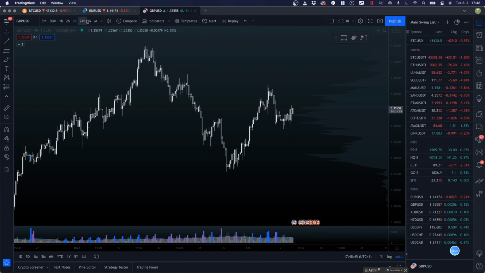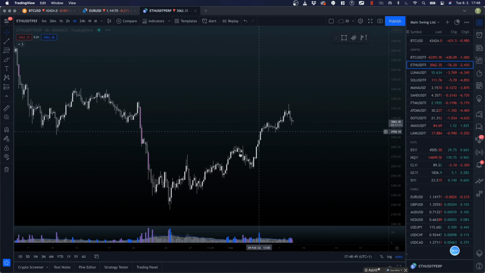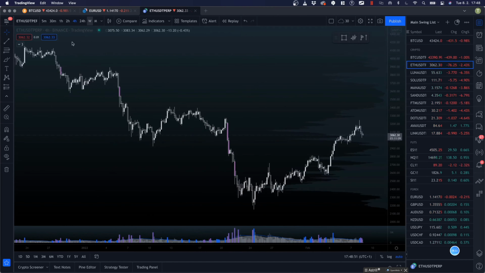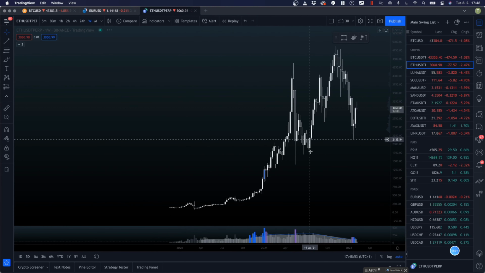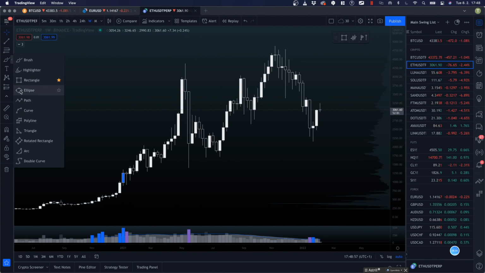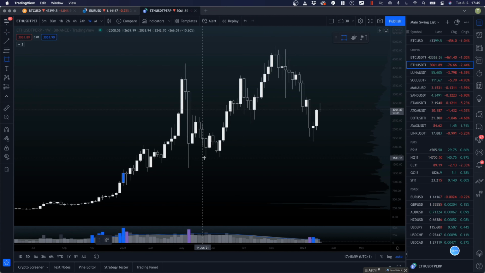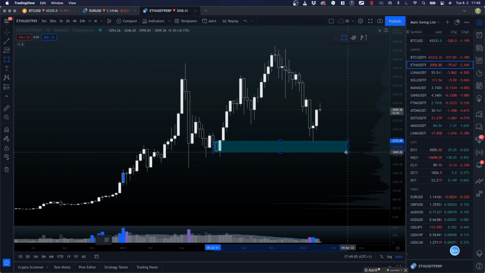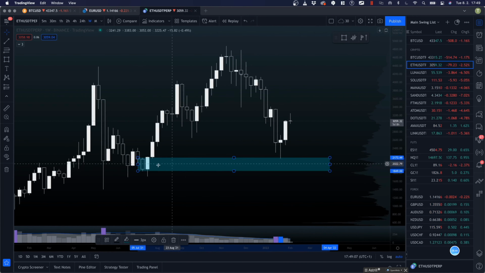So once again, take a look at ETH, for example. On a weekly, we did hit this cluster. It was not a good one in my eyes because there is a double bottom below it, but in higher time frames such as these, you need to be aware of these things.